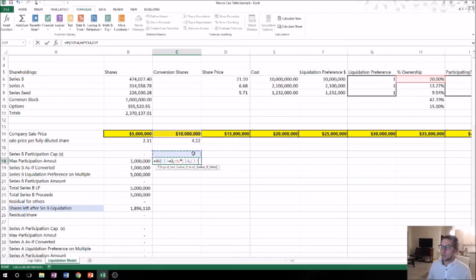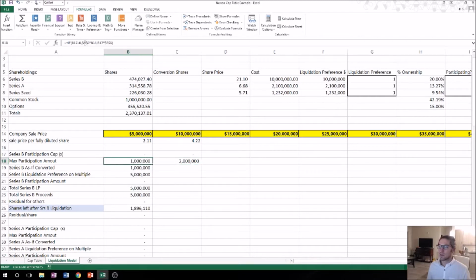If not, then take the participation cap times the cost. And so the max participation amount is 2 million, so that's 20% of 10 million. That means it's calculating correctly. Let's go in and make sure we have the correct cells locked in here. Okay, so 2 million.